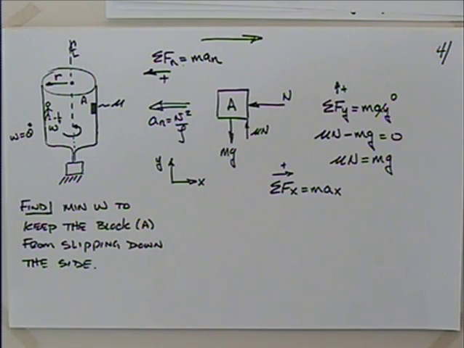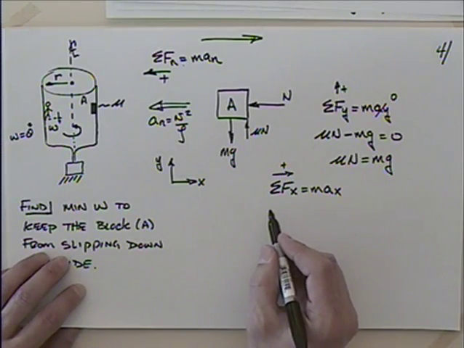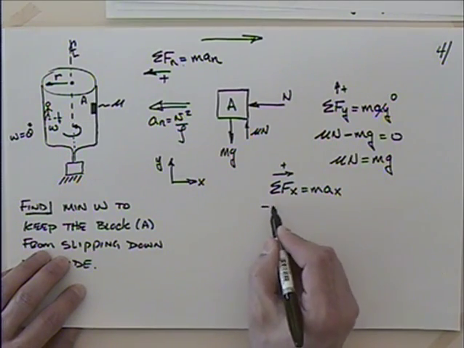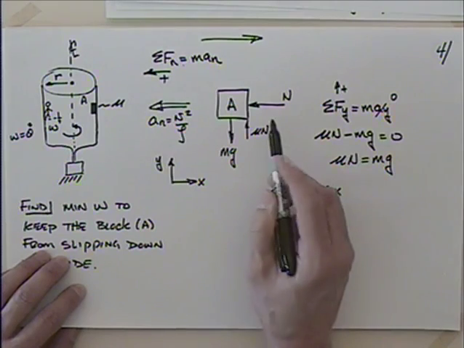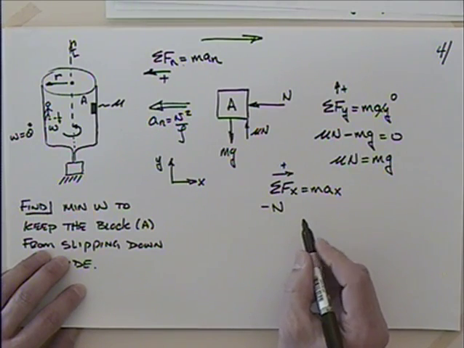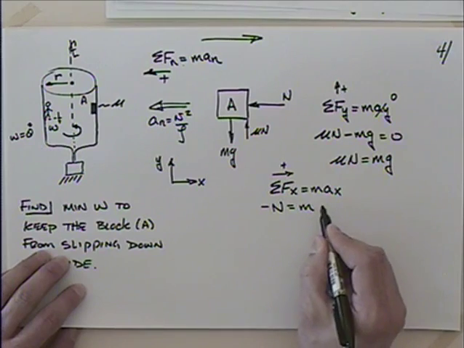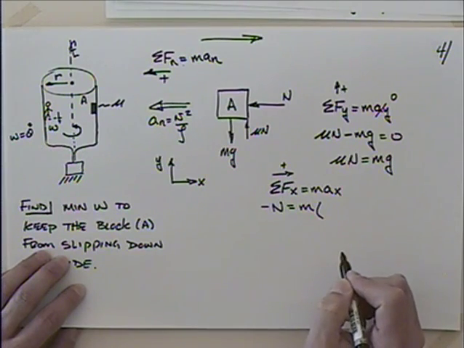I'm still going to assign it the same acceleration. So what do I have for the forces in the x direction? Minus n. Anything else in the x direction? No. Okay, so minus n is equal to the mass times, what's my acceleration in the x direction?